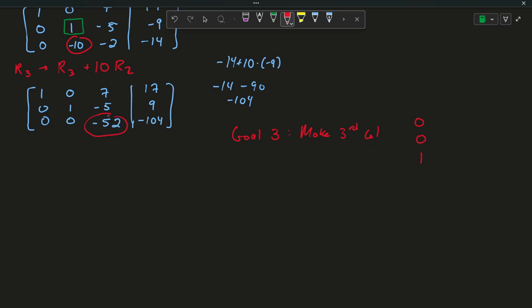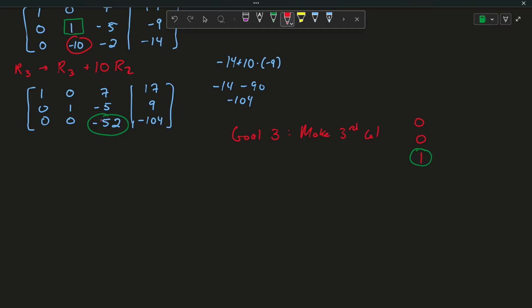Okay, so like we did before, we have our algorithm, which is our first step is to make this 1 a reality. So we're going to look at our negative 52 here. And instead of combining that with something up here, again, this would be a great thing to try on your own and see why it doesn't work.